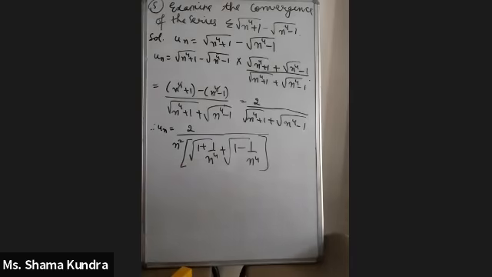For Vn, take the higher power of n common outside the bracket. Here it is n square, so Vn is 1 over n square.